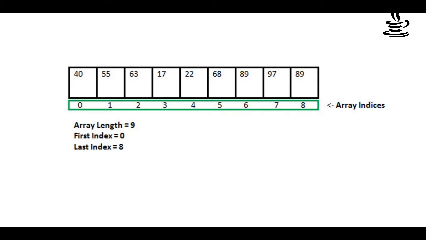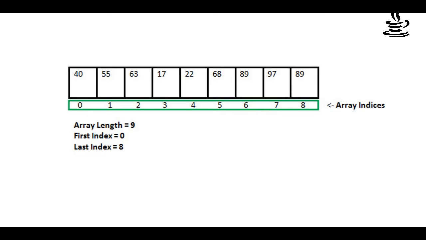Now each element of an array is indexed at a particular position. These indexes are used so that we can access the elements and store values at those locations. For example, the first element of our array is 40 and it is indexed at the 0th position. Since the elements are stored consecutively, the second element, 55, will be stored at the first position.